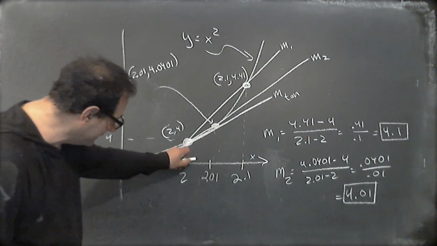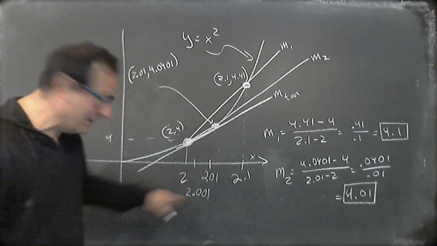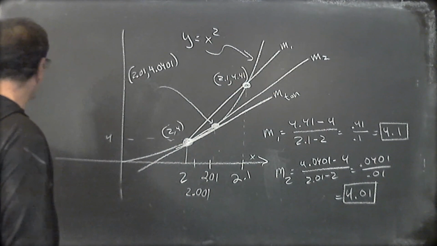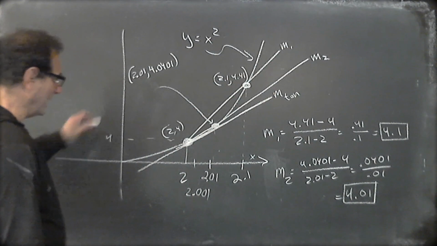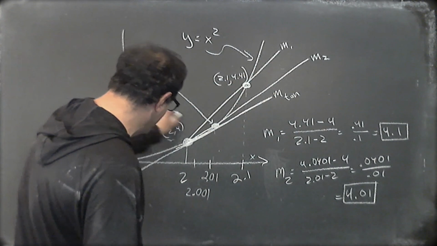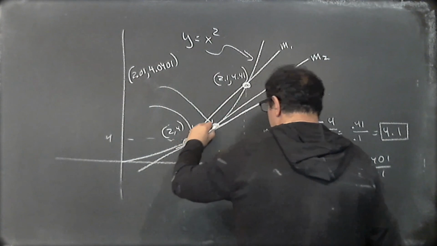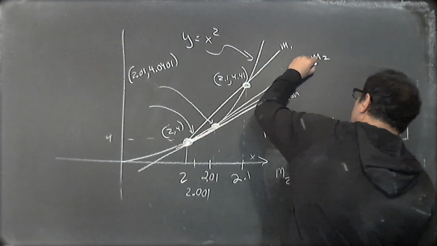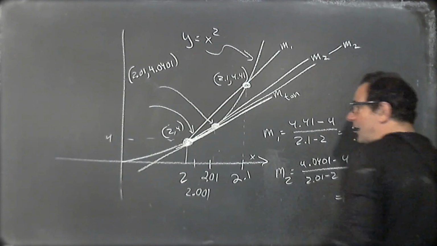So if we picked a point for which the x-coordinate is 2.001, what would we get? I won't clutter up the diagram with another line, or maybe I will. What the heck? Another line is going to come out like this, all right? And this will be the third line for which the slope is M3.